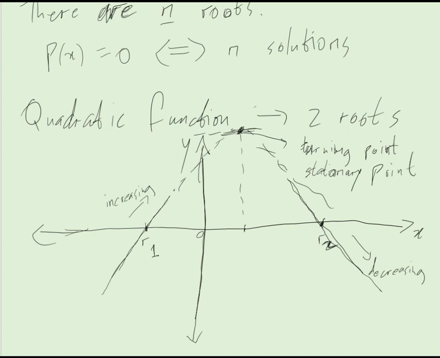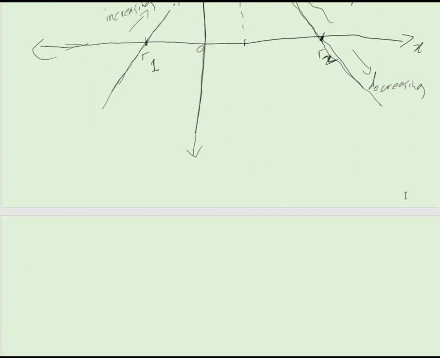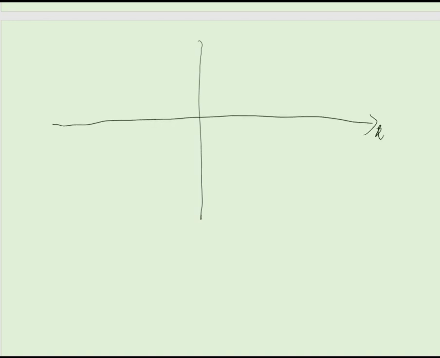So when you're dealing with a quadratic function, find the roots, find the y-intercept, and then we want to get that turning point. Using the same intuition, let me try again, but this time starting from decreasing.